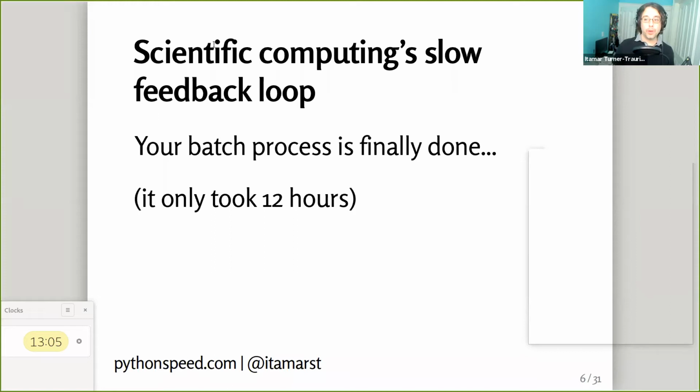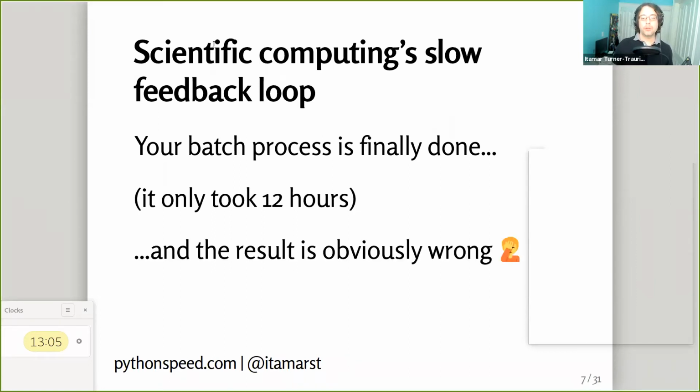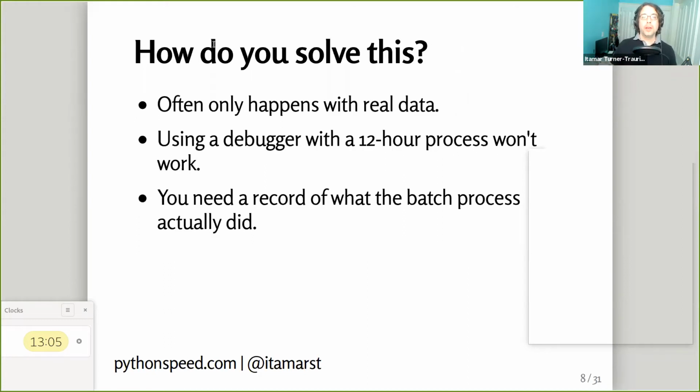It only took 12 hours. Could be worse. And the result is wrong. This is an unpleasant situation to be in, because you don't really want to try something different and run it again and see what happens. And so how do you solve this?